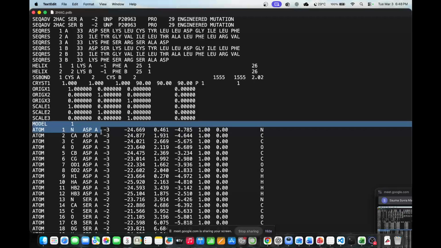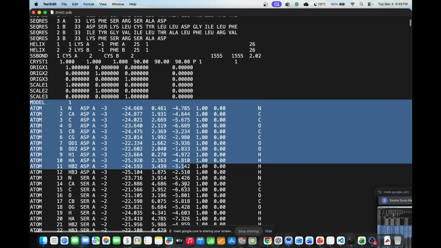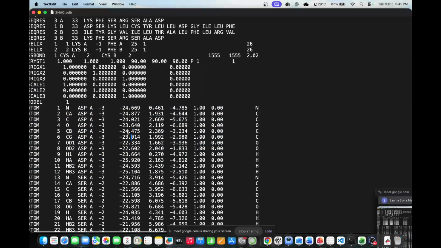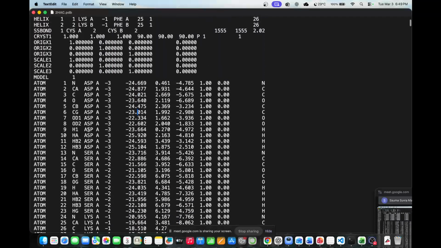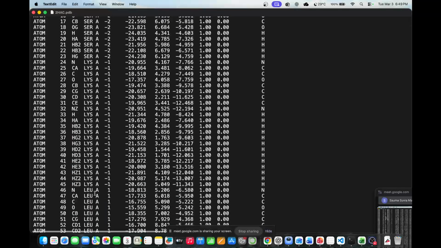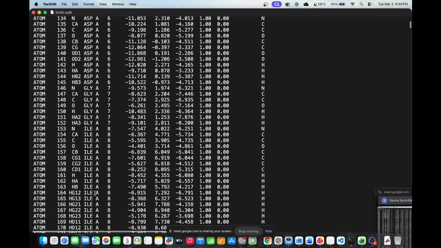So model one, and these are the atoms, and this is all the information for the atoms that is required. So X, Y, and Z coordinates are present for this structure, right? And these are the amino acid residues, aspartame, serine, glycine, and so on. So this is how a PDB file generally looks, and it is very long.